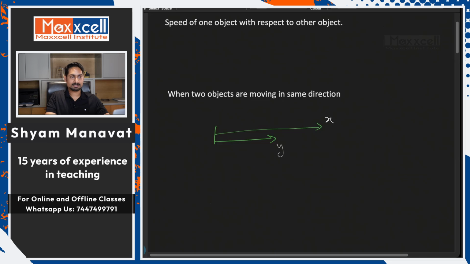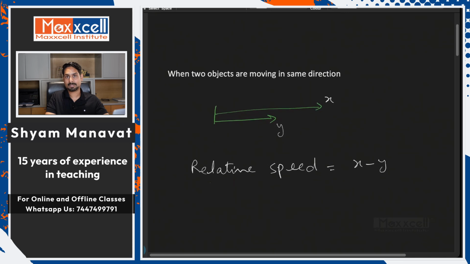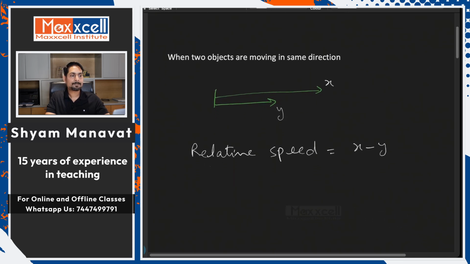In that case, the relative speed will be the difference between both of them, right? The higher speed minus the lower speed. So in that case, relative speed will be the difference of the speeds of both objects.